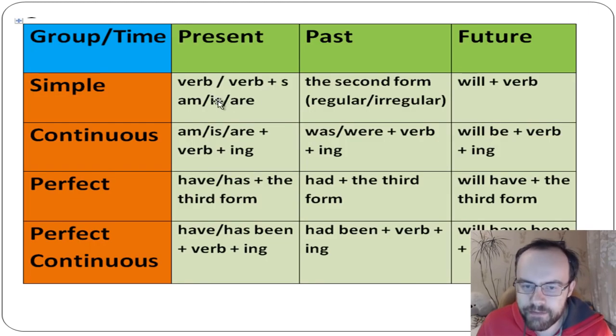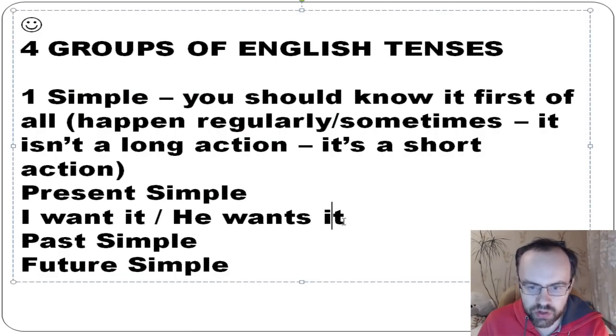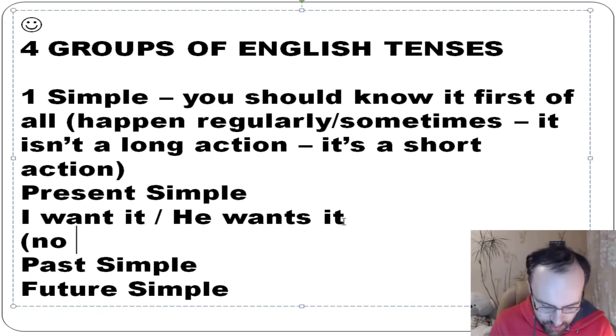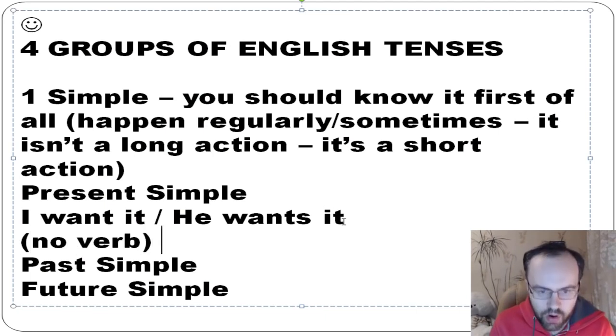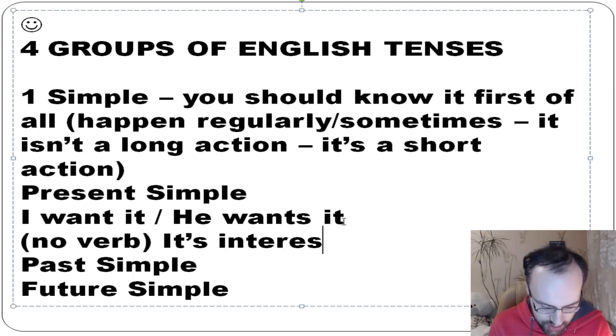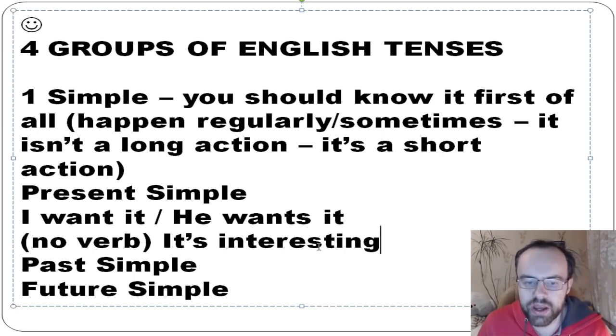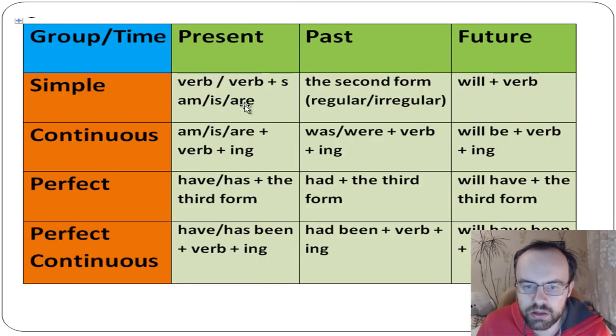If you don't have a verb, you use the form of to be: am, is, or are. For example, it's interesting. It can be a short form, or it can be a long form.